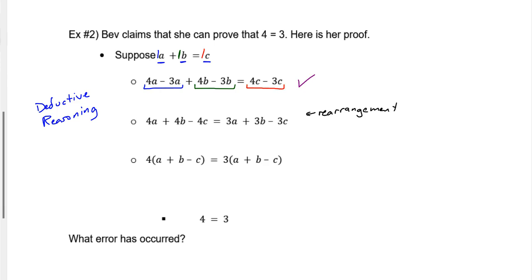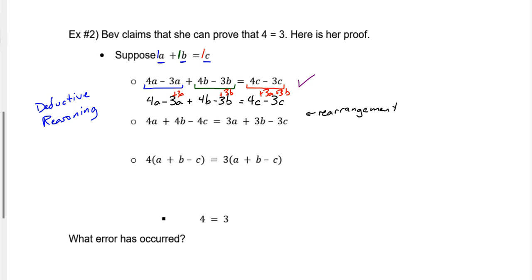Now, how did that happen? Well, if we have, that's why I have a little bit of space here, 4a minus 3a plus 4b minus 3b equaling 4c minus 3c. So to move our 3a over, this is subtract 3a, so we'd have to add 3a. What you do to the left-hand side, we have to do to the right-hand side. To move our negative 3b over, we have to add 3b.